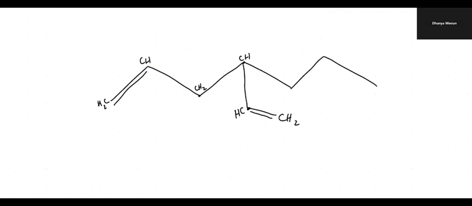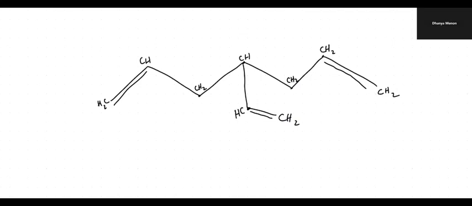Here 2 valencies are satisfied, so 2 more needed. 2 valencies satisfied, 2 more needed. Here there is a double bond. 2 valencies are satisfied, 2 more needed. Okay, now next is the numbering.